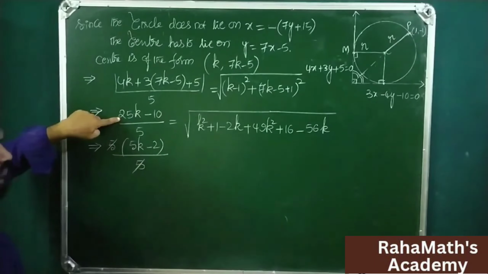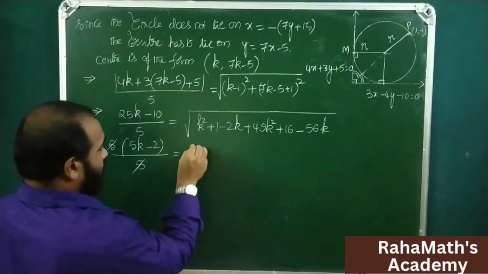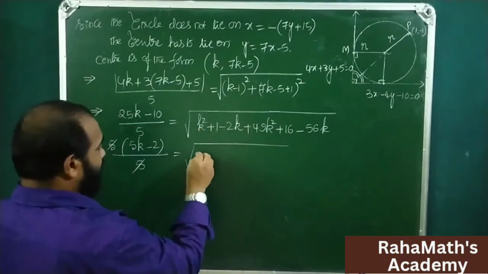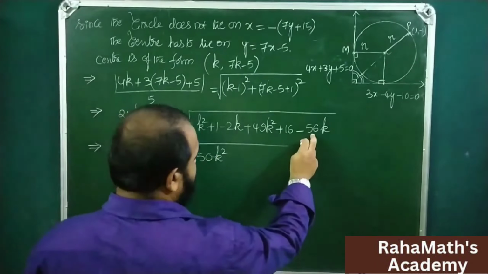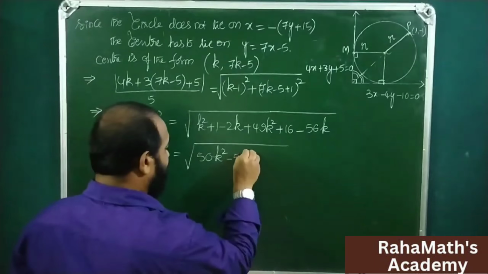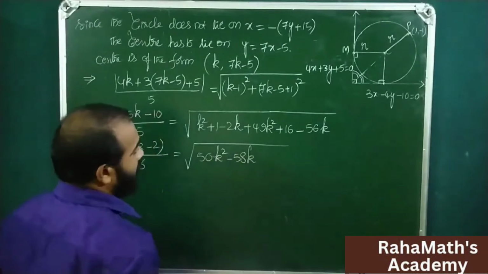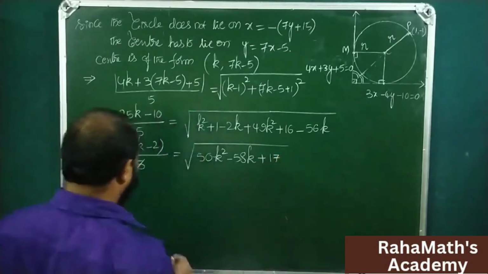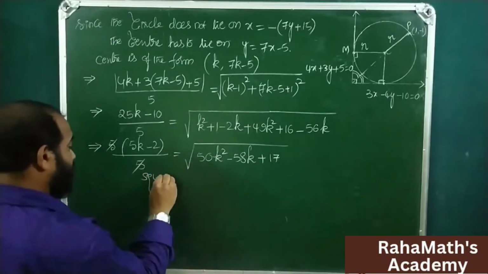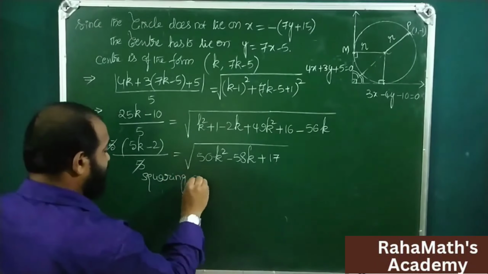So 5 gets cancelled. Square root of 49k square plus k square, 50k square. Next, minus 56 minus 2, minus 58k. So 16 plus 1, 17. Again, squaring on both sides.